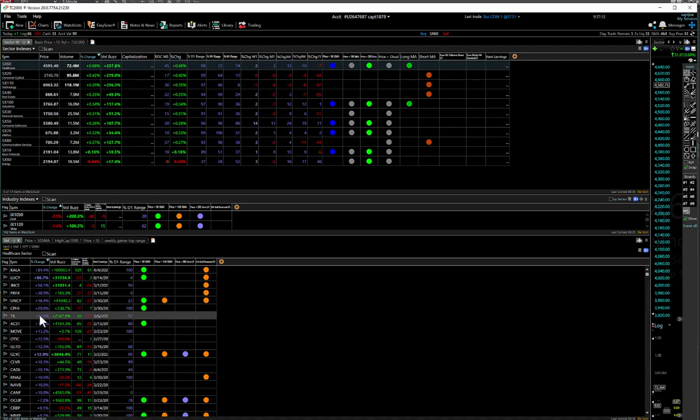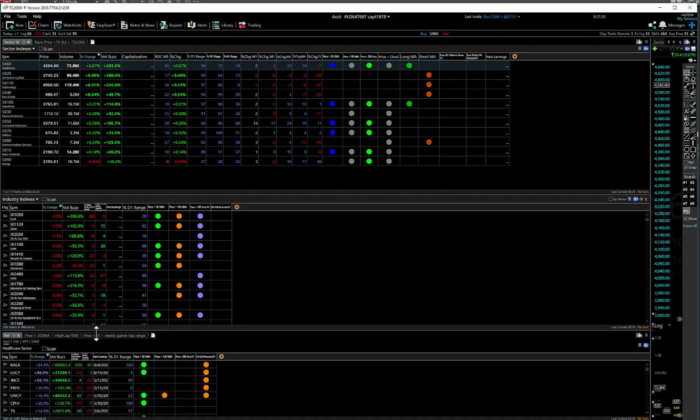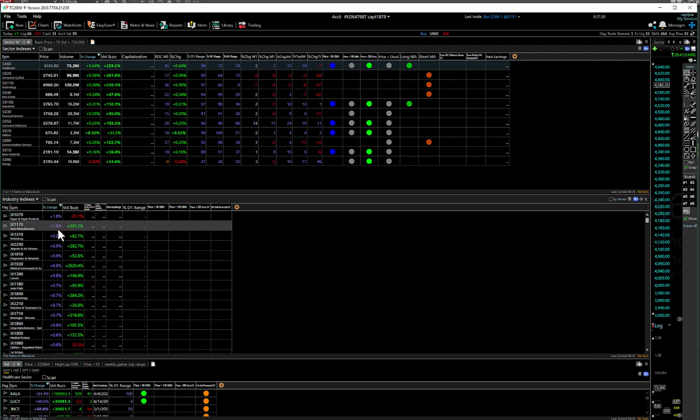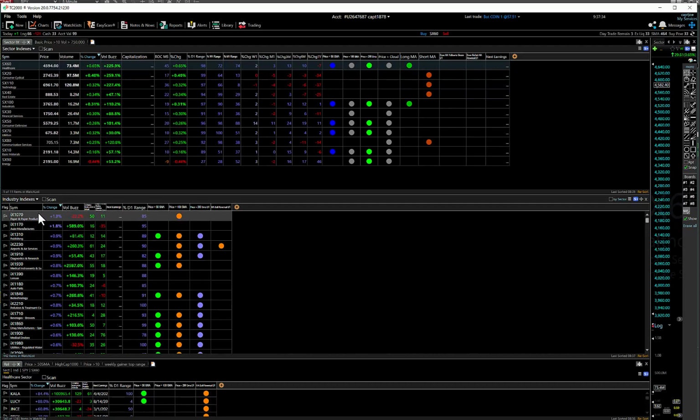These are my relatively strong stocks, and I'll look through this list to see what candidates I might have. Also, in the industry indexes, which breaks this down even farther, you can come over here and I can scan for percent change, and I'll look at my biggest movers.